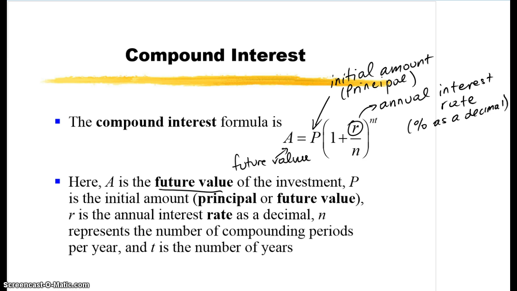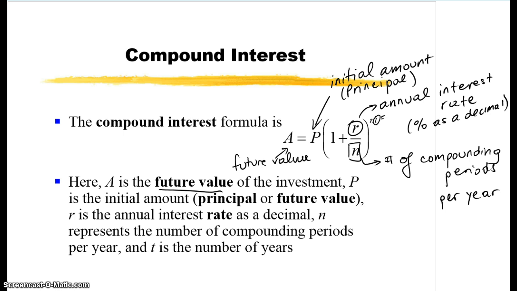And N represents the number of compounding periods. That's number of compounding periods per year, we should specify. Finally, T is simply the number of years.